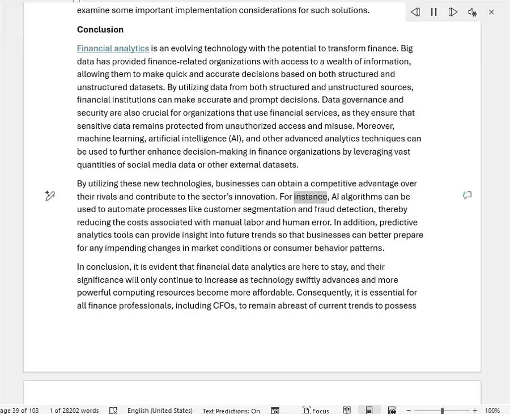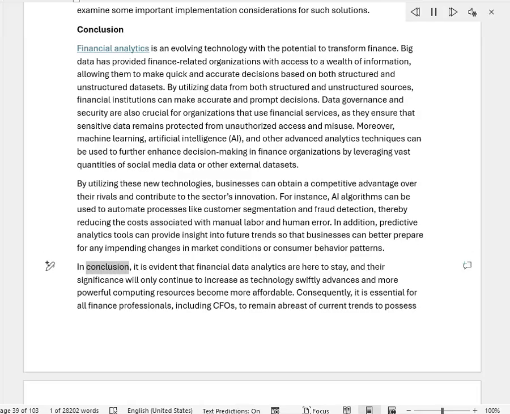For instance, AI algorithms can be used to automate processes like customer segmentation and fraud detection, thereby reducing the costs associated with manual labor and human error. In addition, predictive analytics tools can provide insight into future trends so that businesses can better prepare for any impending changes in market conditions or consumer behavior patterns.